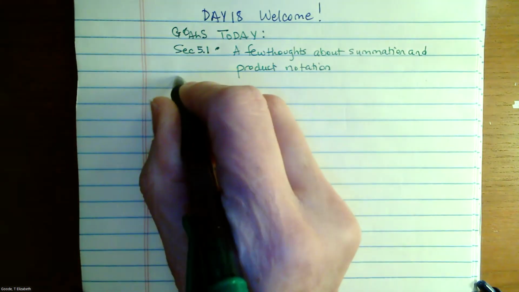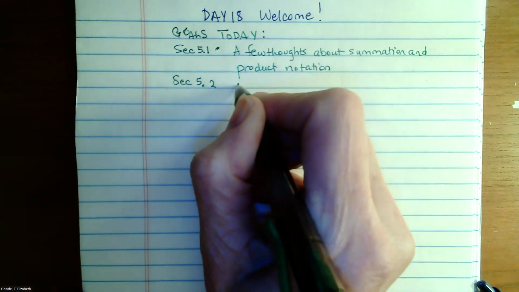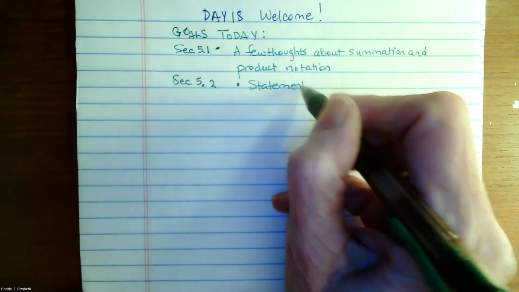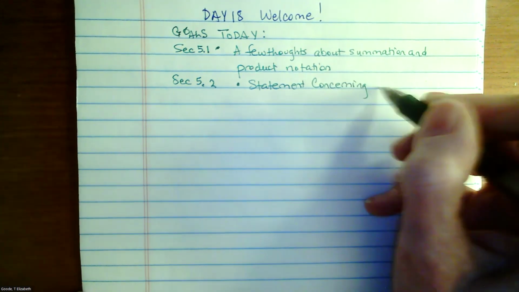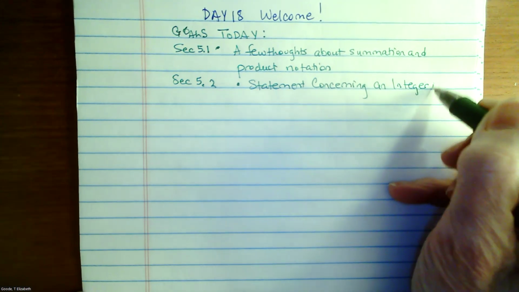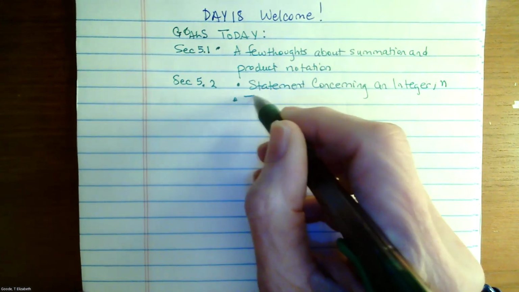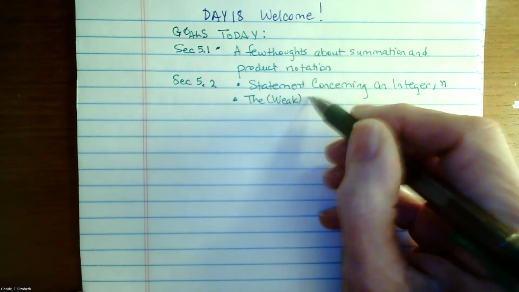And then we will dive into section 5.2, which is, well, first we're going to talk about statements concerning an integer n. What does that even mean? And then we will discuss what's called the weak principle of mathematical induction.